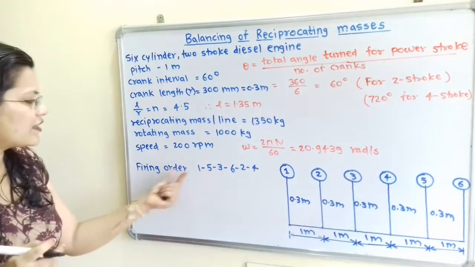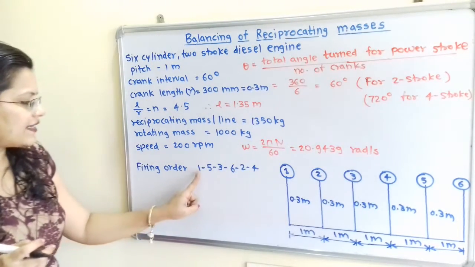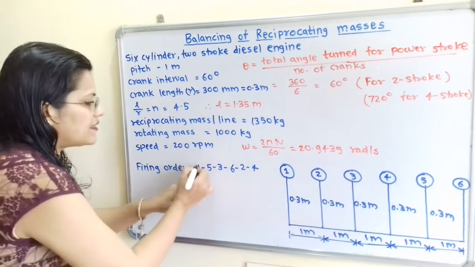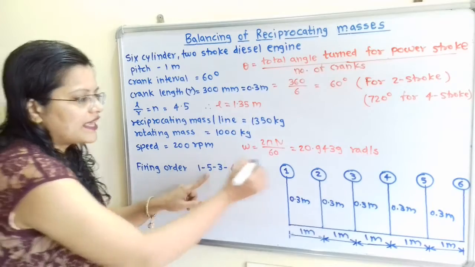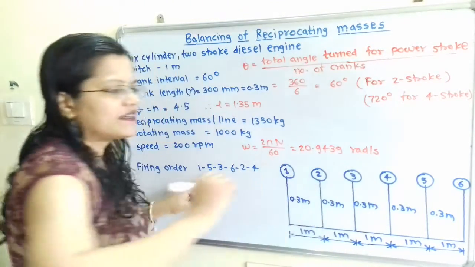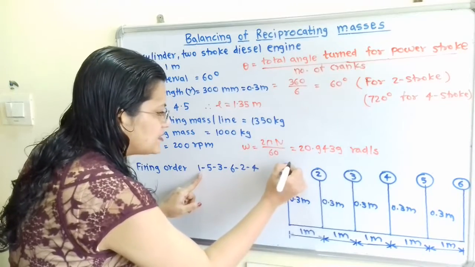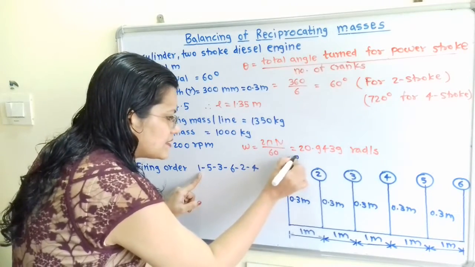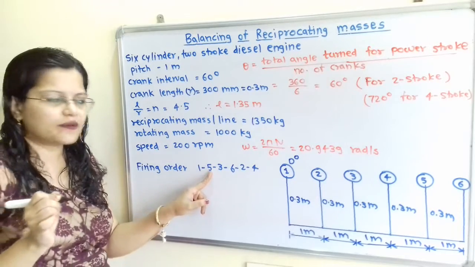Firing order 153624, that is when cylinder 1 is at 0 degree, then after that we have to consider cylinder 5. I will assign here the numbers, that is suppose I consider this cylinder number 1 is at 0 degree, then there is cylinder number 5.